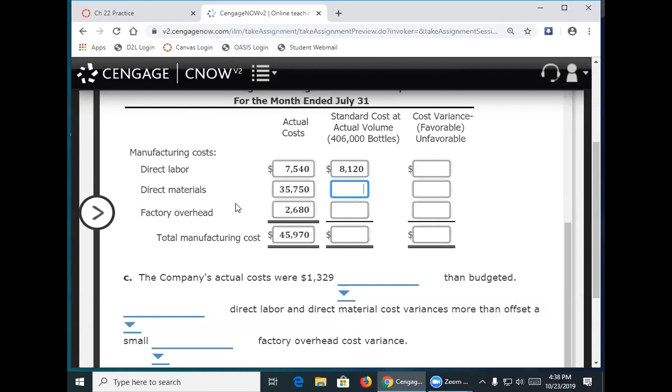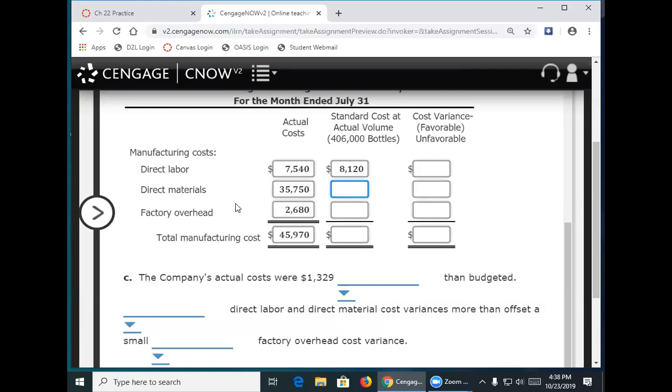So material or labor, sorry, we're on labor. Labor actual costs are less than the standard. So is that a favorable or unfavorable variance? If our actual costs were less than the standard, do you think that's favorable or unfavorable? It's favorable, right?